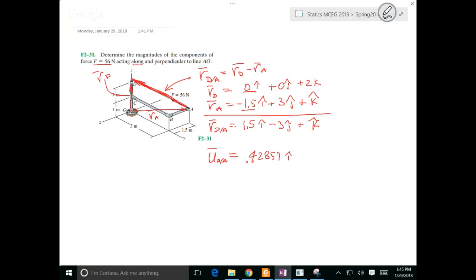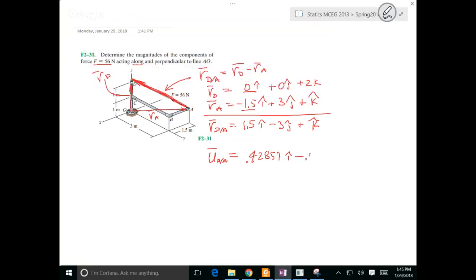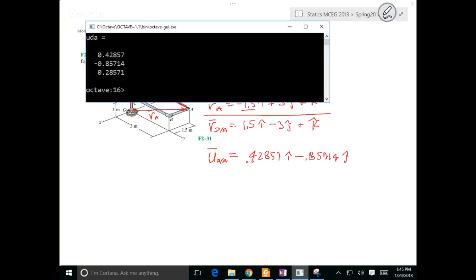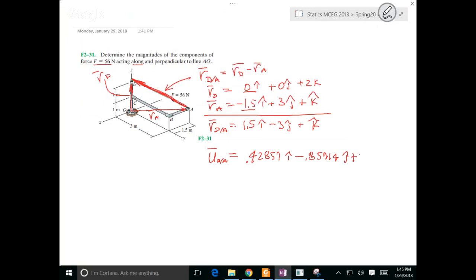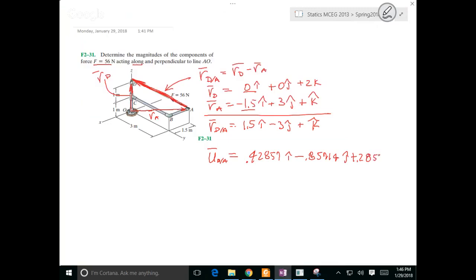I keep wanting to use the touch screen. How would I find my force as a vector?